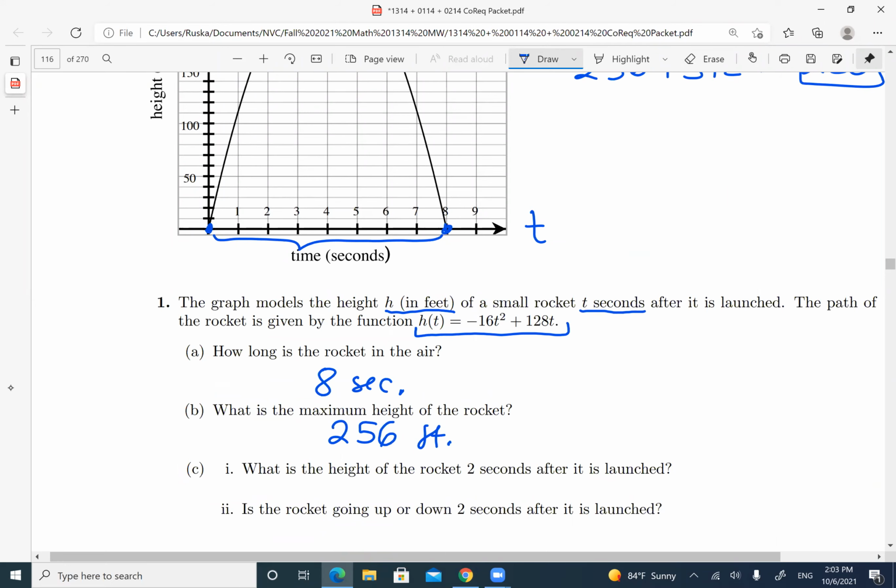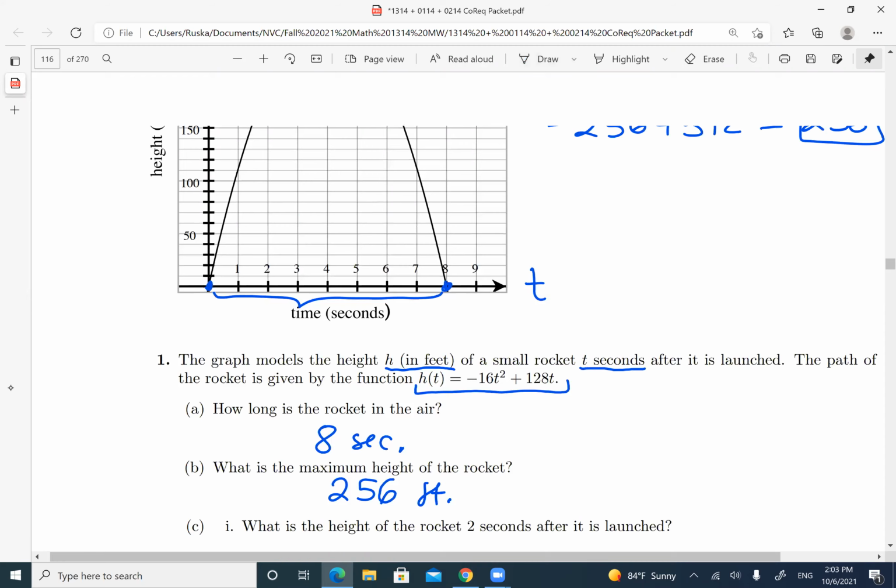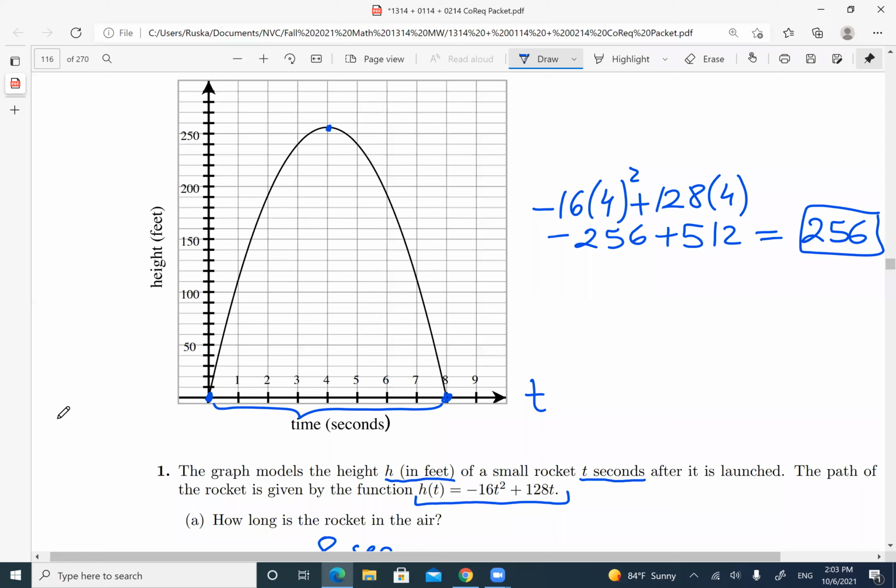Got it? Okay. What is the height of the rocket 2 seconds after its launch? So let's see. 2 seconds after its launch, it's over here, right? And it looks like it's about 190, but the best way to do it is just follow the equation and replace t with 2.